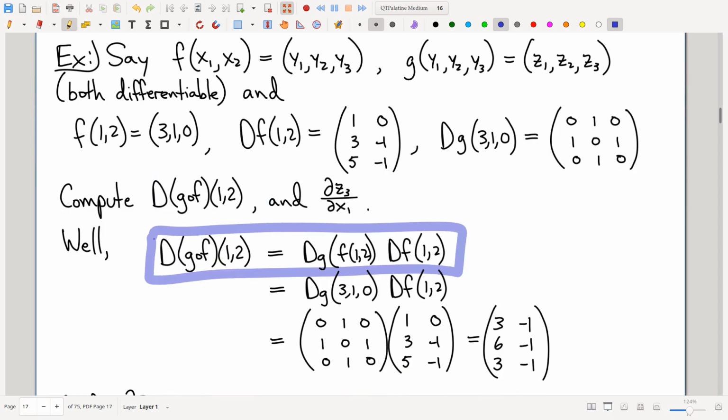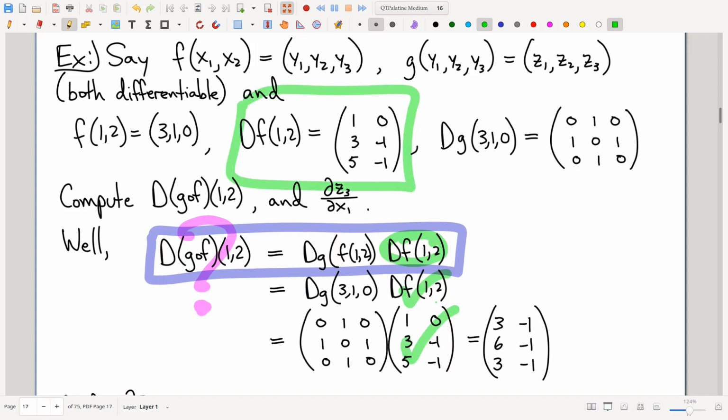And therefore, the thing that we're interested in, well, apparently one thing I'm going to need is DF at (1, 2). Oh, I'm given DF at (1, 2). Boom. Okay, let's see here. Now I'm also going to need the second derivative matrix. I'm going to need DG. Hang on. I need DG evaluated at F of (1, 2).